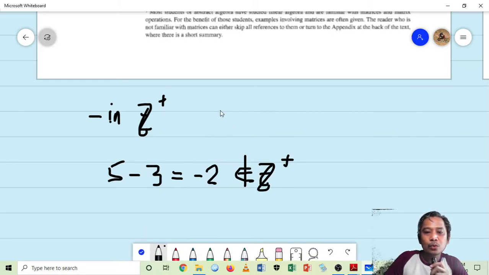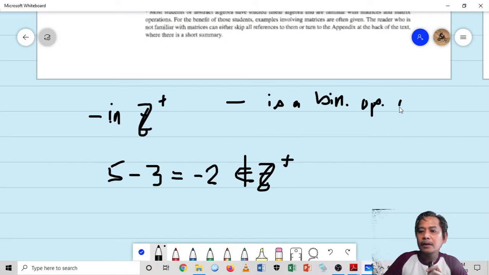Because if we subtract two integers, the result would still be an integer. So subtraction, again, is a binary operation in Z, the set of integers.